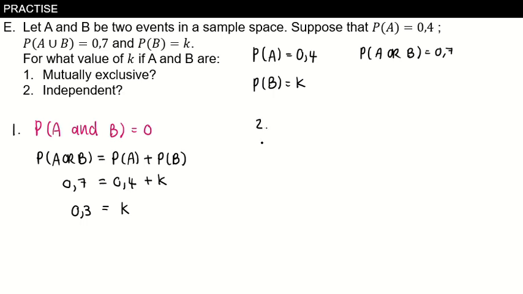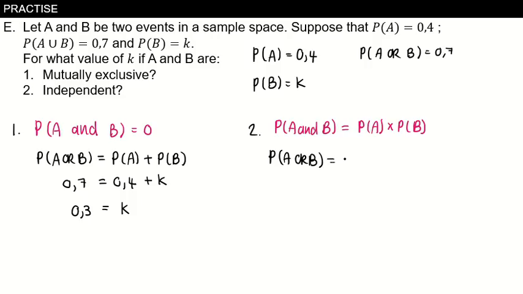Now, what if these events were, instead of being mutually exclusive, independent? If they were independent, I can find the AND part by simply multiplying event A with event B. So again, using our addition rule, the probability of A or B is the probability of A plus the probability of B minus the probability of A and B. And we know the AND part is just the two probabilities multiplied by one another.